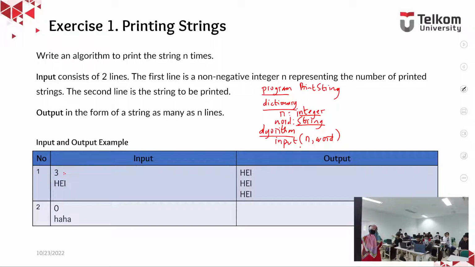What is the general template? For, okay, for, and then, maybe we will need a variable for the counter. Remember that usually we need a counter, and the usual variable name is i.